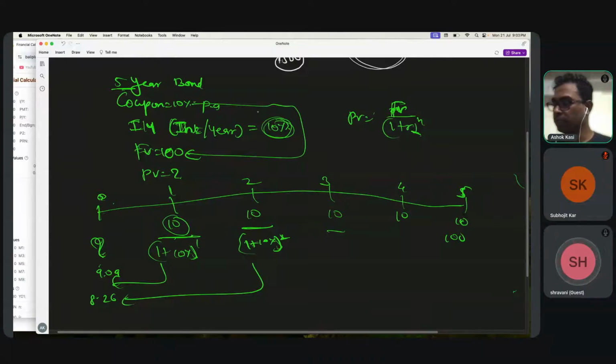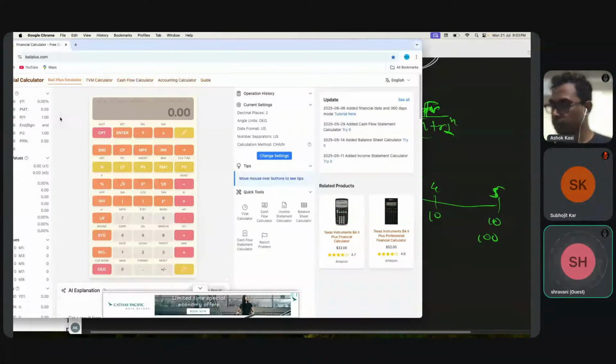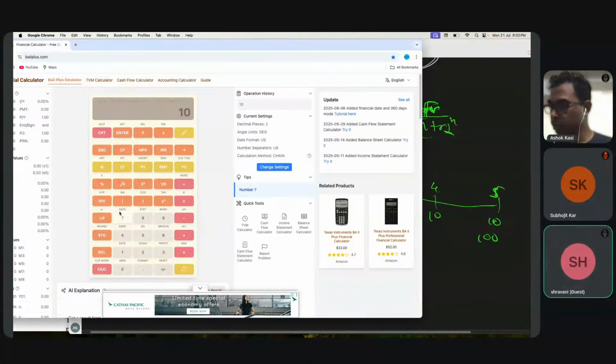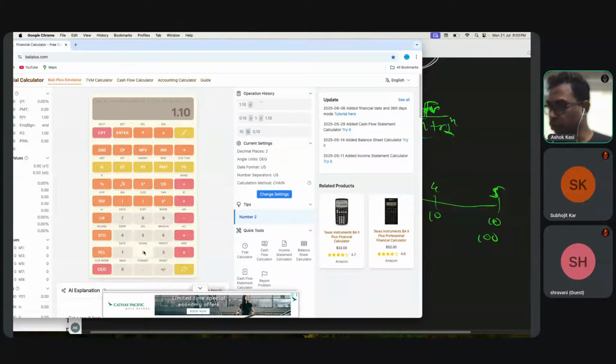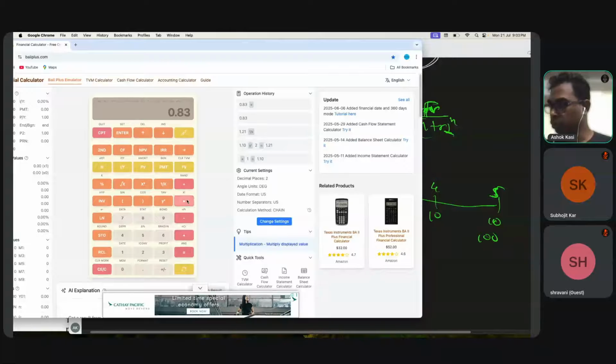So 10 percentage plus 1 is 1.10, raised to 2, then you inverse and multiply by the numerator 10. So 8.26, and keep it in store. This time it is 2.